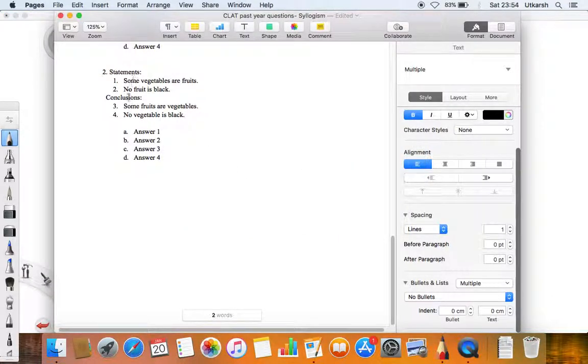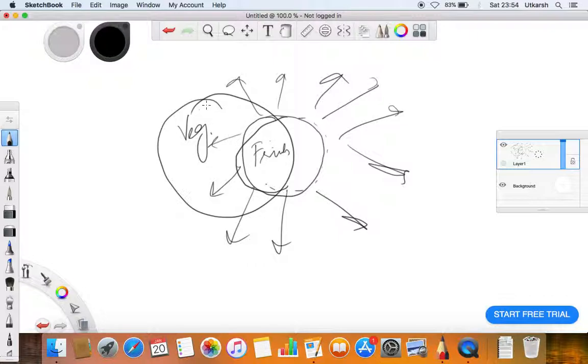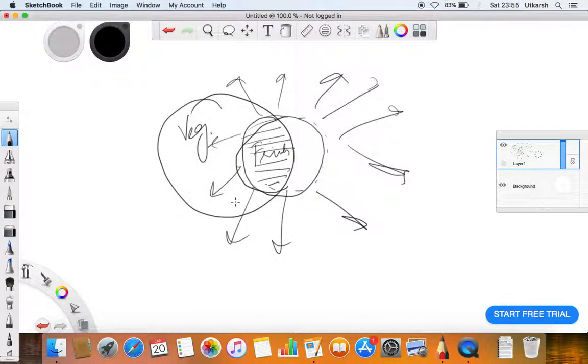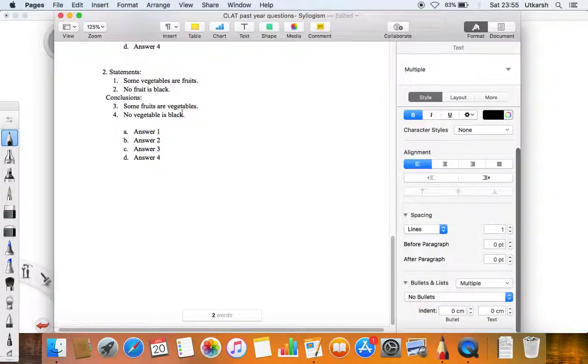Okay. Some fruits are vegetables. This is correct. If some vegetables are fruit, what we do know is some fruits are vegetables. But we can't be sure whether all fruits are vegetables or not. What we can be sure technically is that some fruits are definitely vegetables.